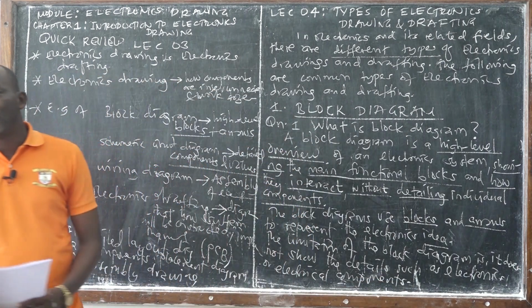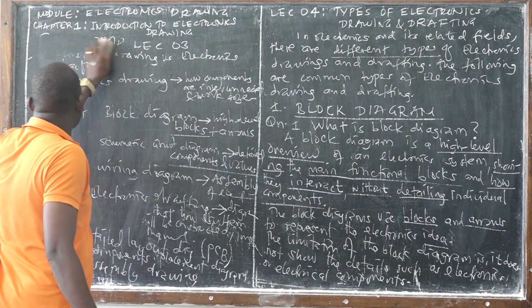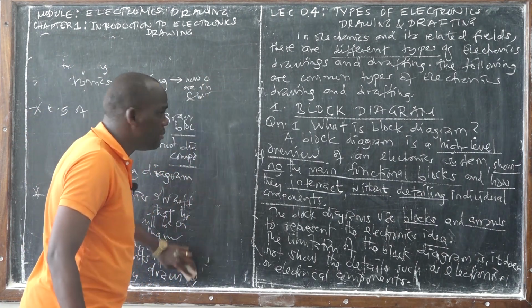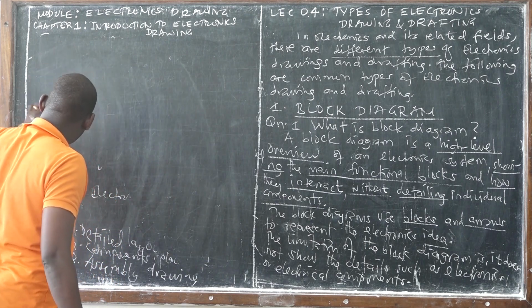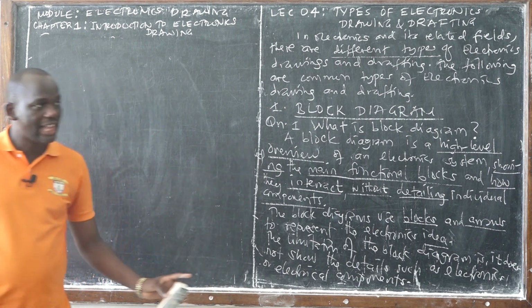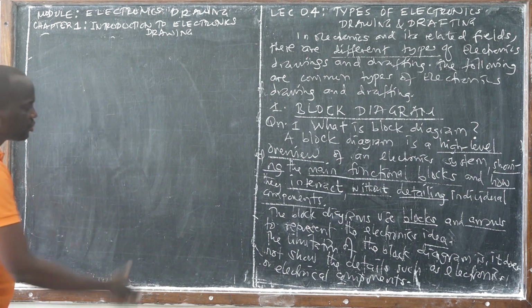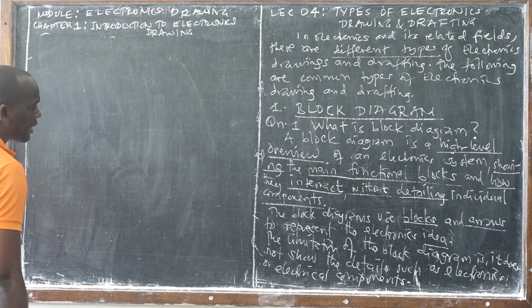So the limitation of the block diagrams gives us another type of diagram, one that will give us what we miss in the block diagram. Are we together? Yes. So that is all about the block diagram.